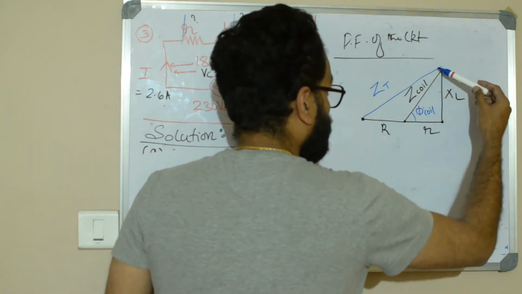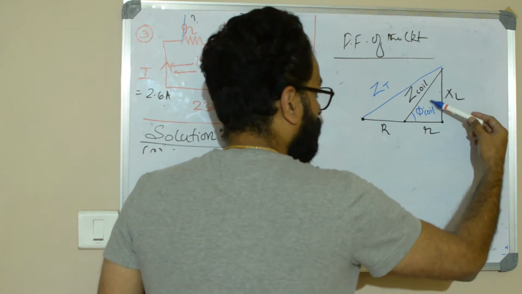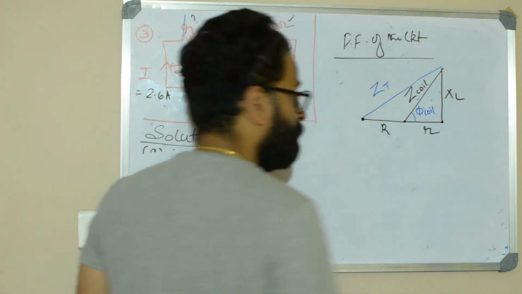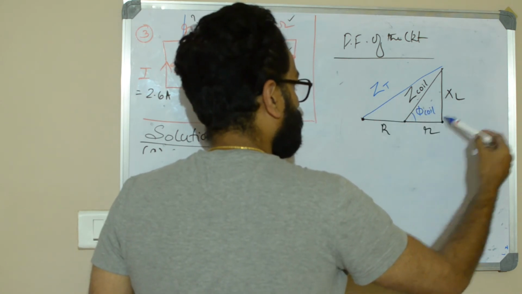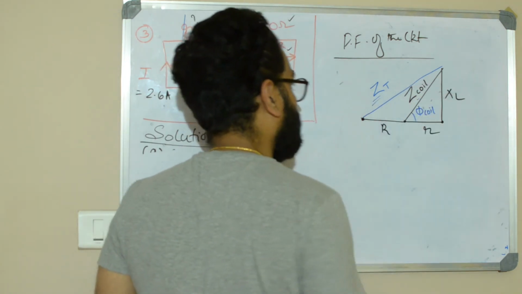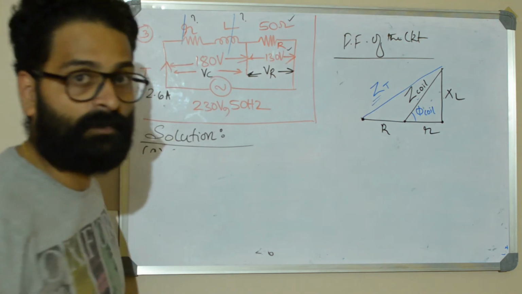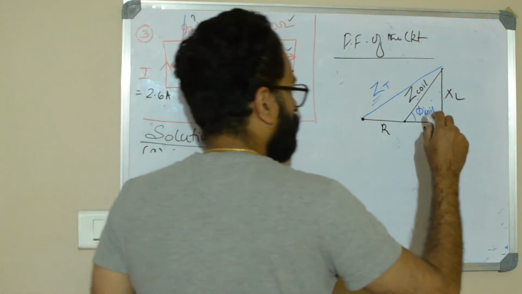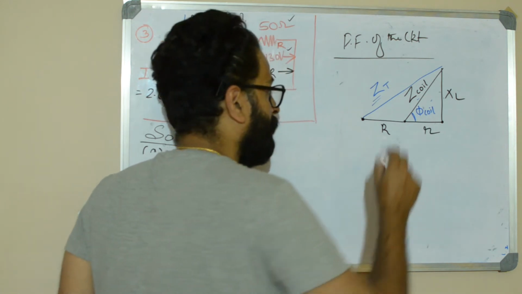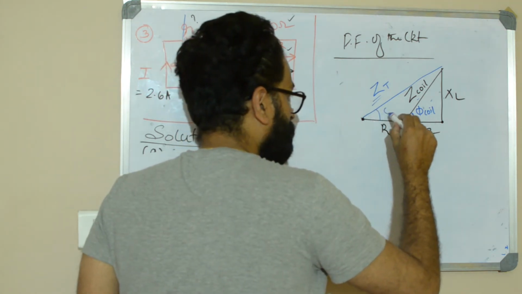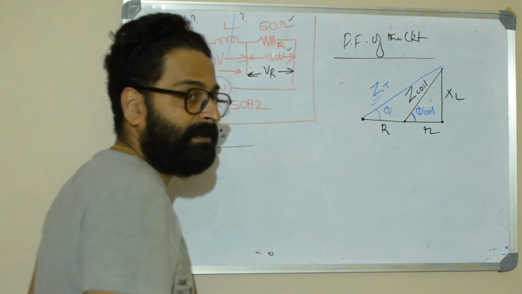The closing side of this triangle basically gives Z coil, and the closing side of the outer triangle will give Z total. This angle is called the power factor angle of the coil, and this angle is called the overall power factor angle.